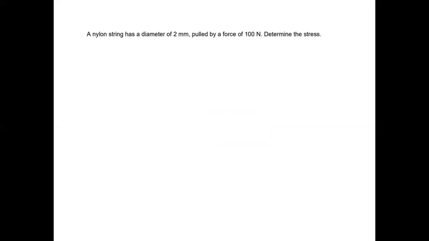A nylon string has a diameter of 2 millimeters pulled by a force of 100 newtons. Now we are going to determine the stress of the nylon string. We are given the force exerted on the nylon string as 100 newtons, and the diameter of the nylon string is 2 millimeters, or in meters, this is equal to 0.002 meters.